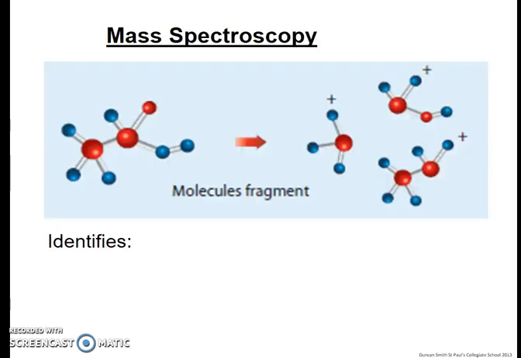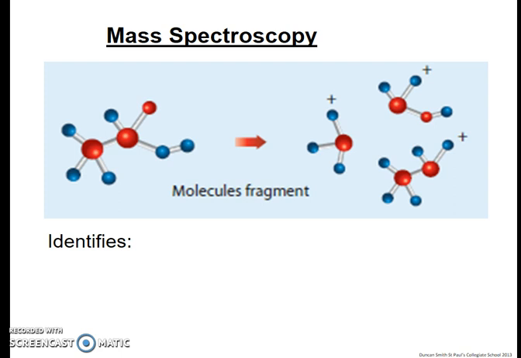The final type of spectra that we're going to look at is mass spectroscopy. And as I said before, we can take our molecule, bombard it with high-frequency charged particles, be they electrons or positively charged ions, and that can effectively smash the molecule into pieces.